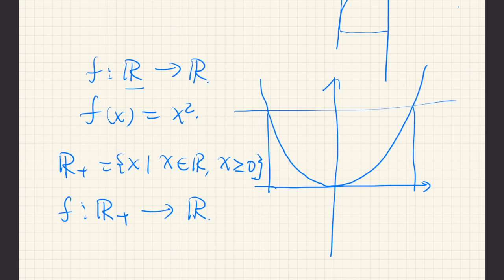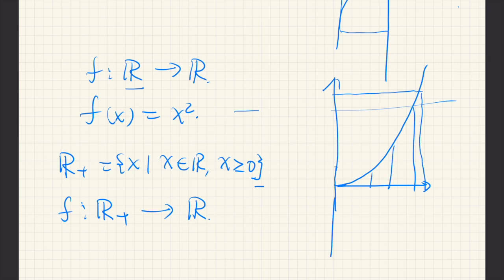It is an injection, because here we do not consider the negative x. So for every value of y, we have only one corresponding value of x, right? So this shows that whether a function is an injection or not depends on the domain. If we change the domain, then it may be an injection or not.